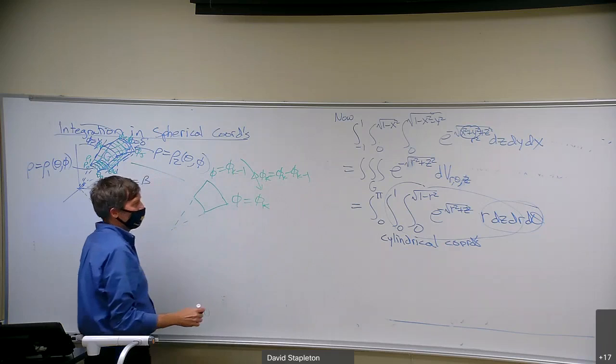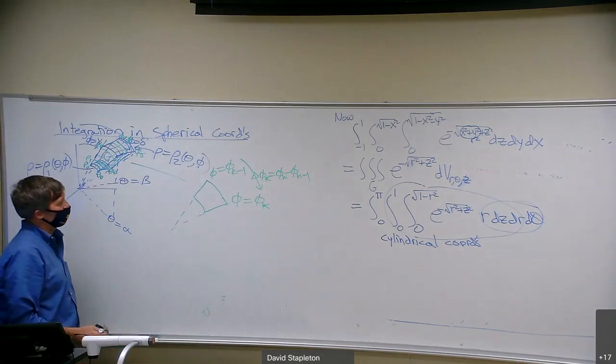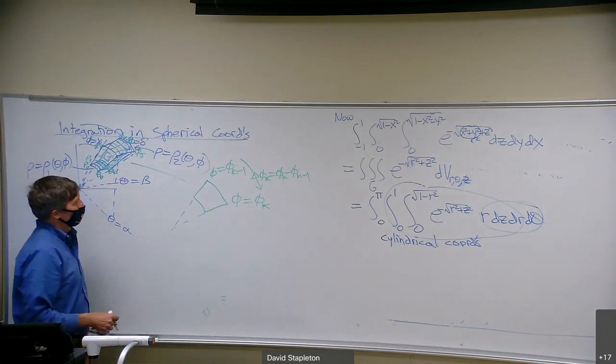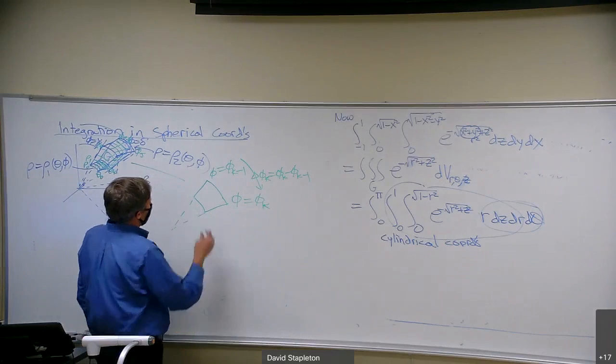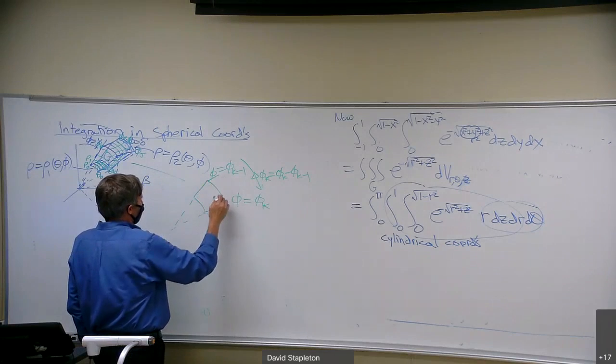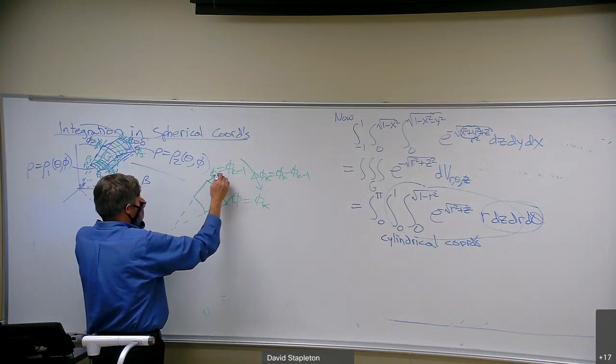Unfortunately, this one is so complicated, I'm going to have to do a little bit of hand waving. The details are just too much. But that's what happens. So the phi goes between two constants, and then you have an increment delta phi k.